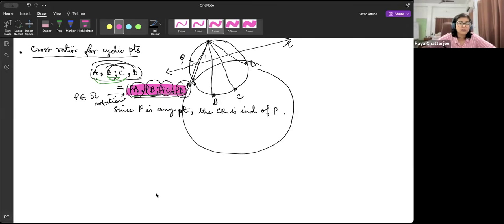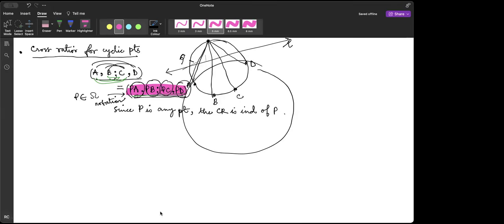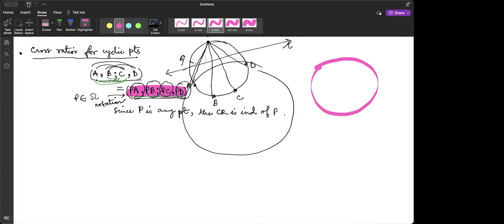Well, not really, because if you have any other conic, then you can't say that the angles are equal. But if you define the cross ratio for another conic, then you can take perspectivity as well.